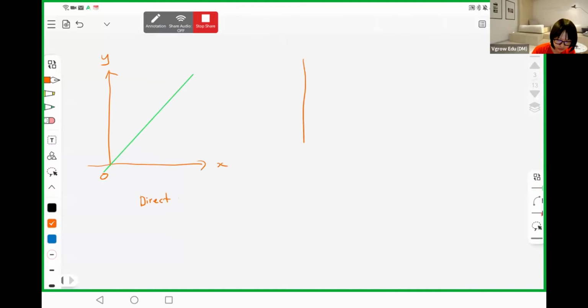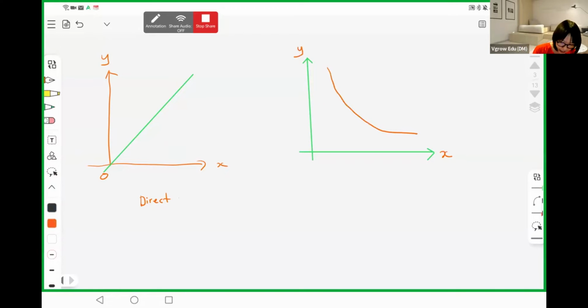Now, based on that understanding, inverse variation should be reversed, meaning moving downwards. So it's supposed to be this way. Look carefully at the relation xy.